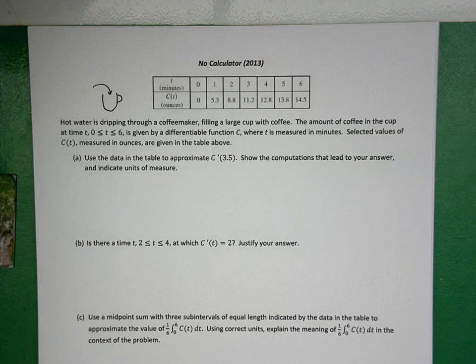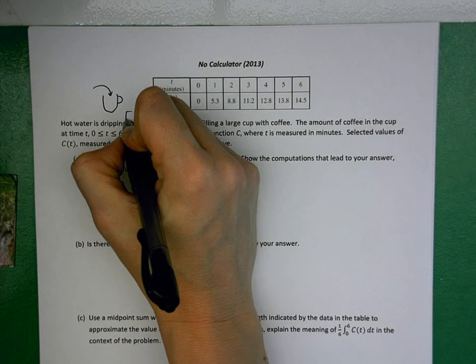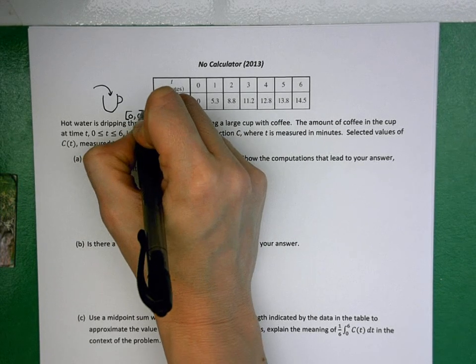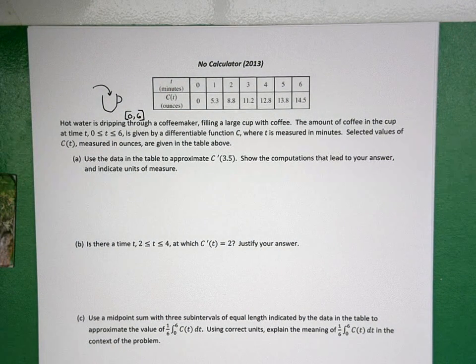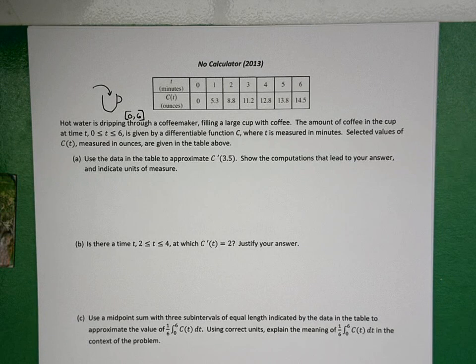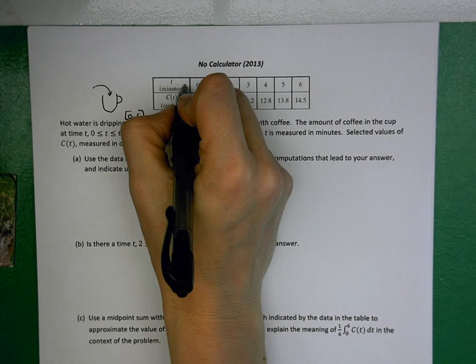The amount of coffee in the cup at time t, such that t is between 0 and 6, so we want to take a hard look at those bounds, is given by a differentiable function C, where t is measured in minutes. And so again, take a look at my units here. Minutes, ounces.